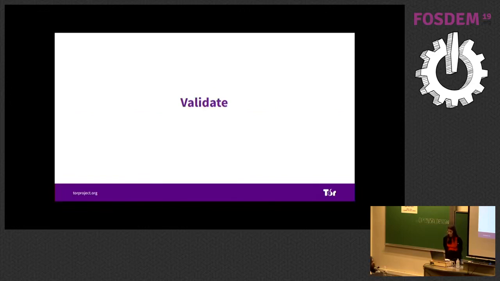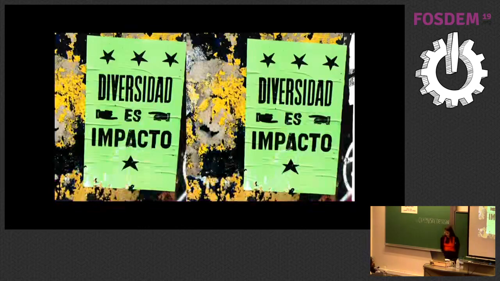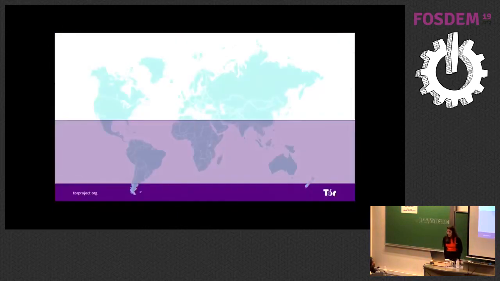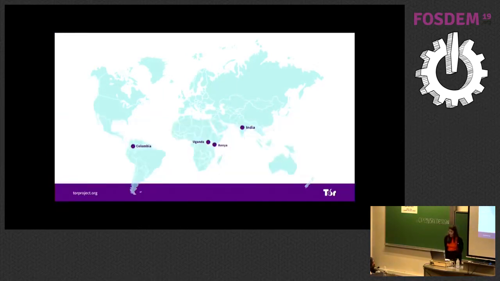Validate. How do we validate our assumptions? This year, we have been focusing on connecting with communities located in the Global South. If you draw a line on a world map, you will find countries like Colombia, Uganda, Kenya, and India.